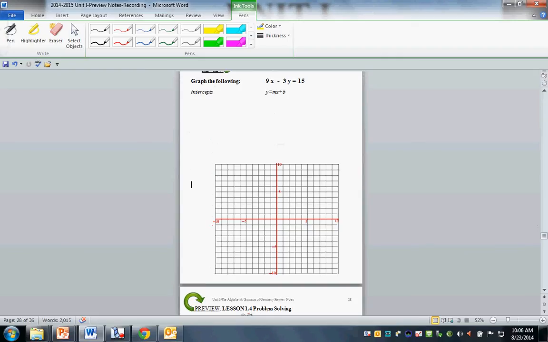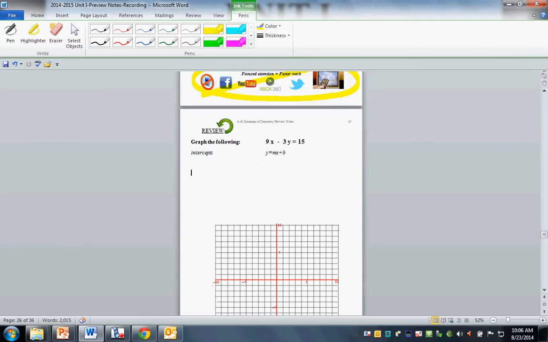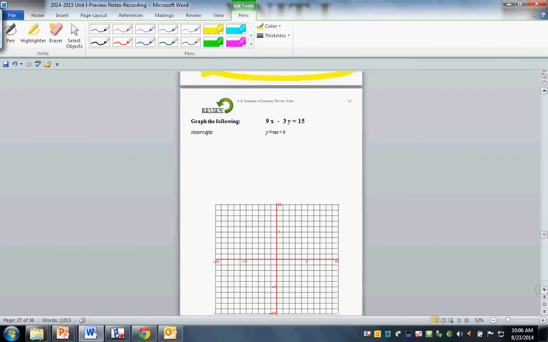Okay, as a quick review, we're going to graph this line, and you could either use intercepts or y equals mx plus b. I'm going to set the timer for a minute, your choice.